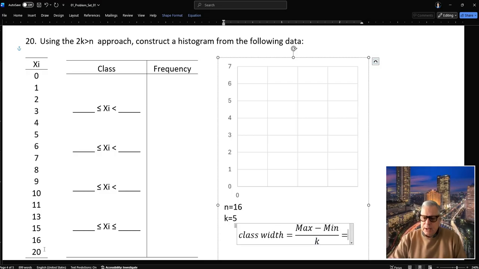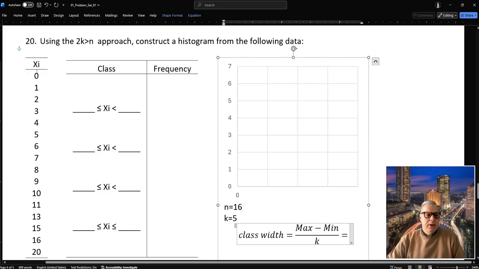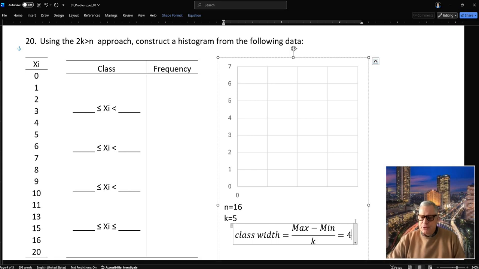If we plug in the values, the maximum is 20 and the minimum is 0, so that's 20 over 5, so that's 4.